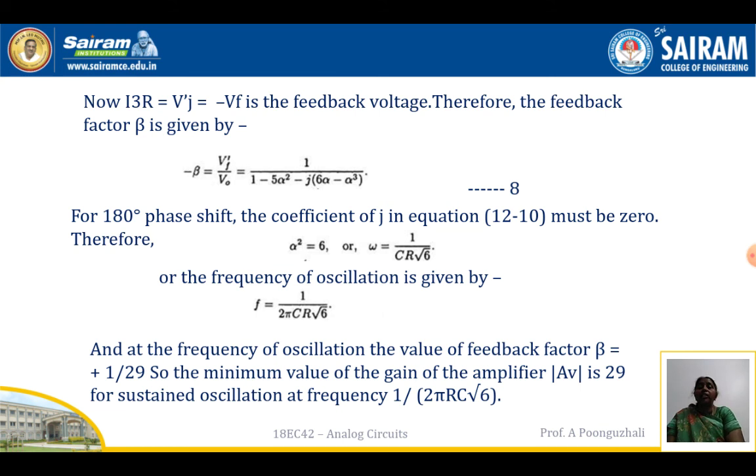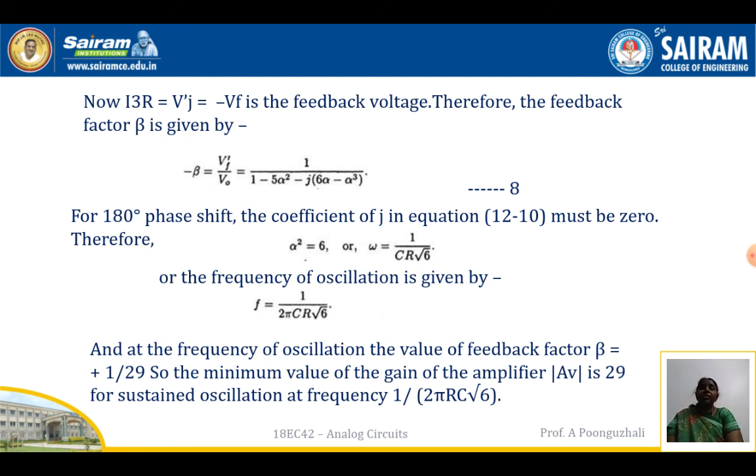Now I3R is equal to V dash, which is equal to minus Vf, the feedback voltage. Therefore, the feedback factor beta is given by minus beta is equal to Vf by V naught, that is equal to 1 by 1 minus 5 alpha square minus j into 6 alpha minus alpha cube.